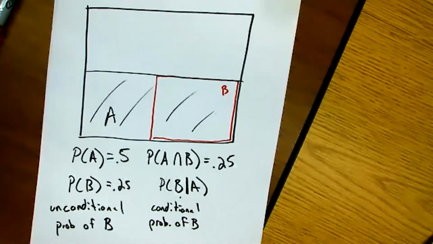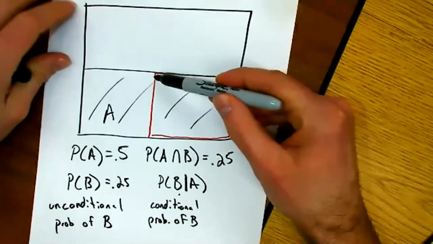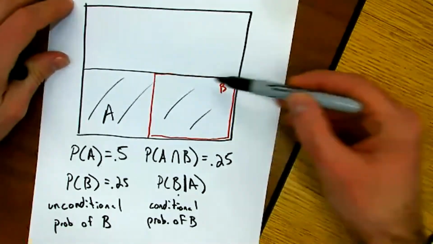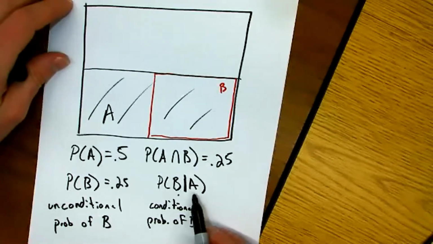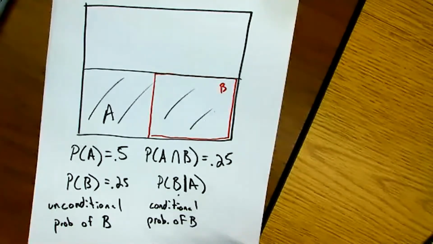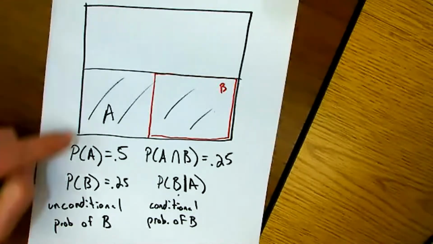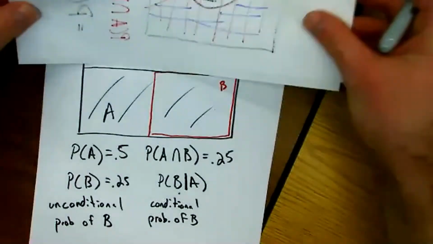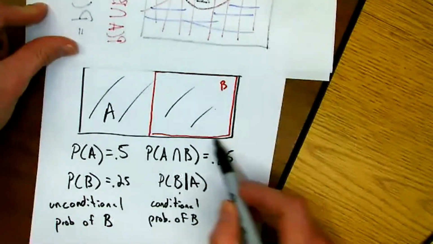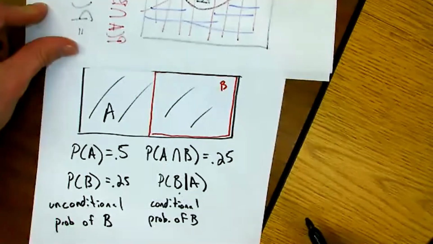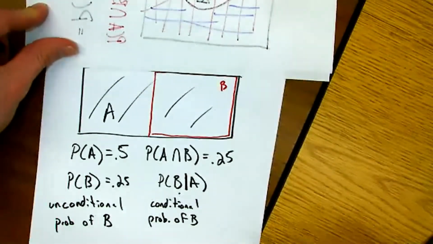Well, if the area of B intersected with A is 0.25, and now that I know A has occurred, essentially what I'm saying is the entire experimental outcome space is no longer one because I'm telling you that A has occurred. So now the only outcome space left is 0.5, right? Or whatever the probability of A was.